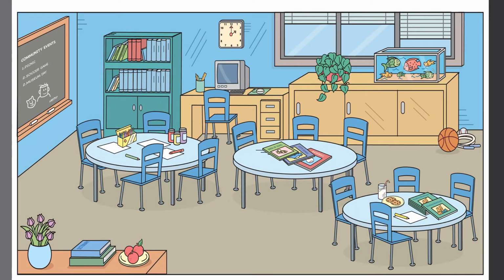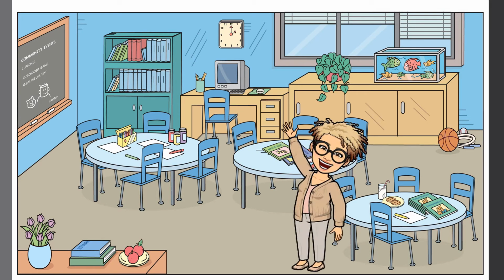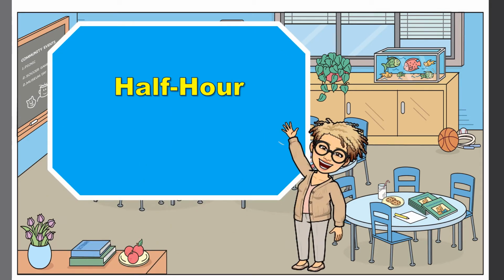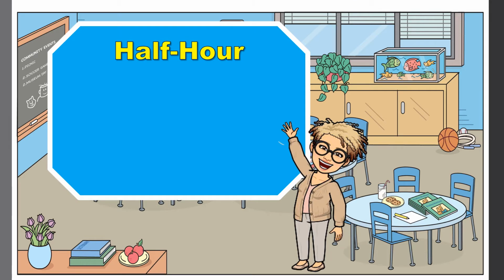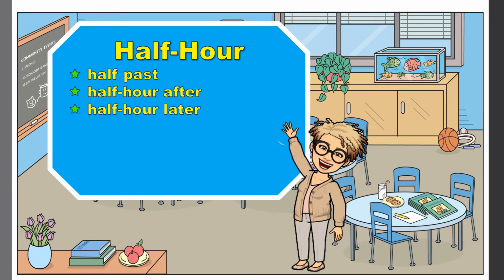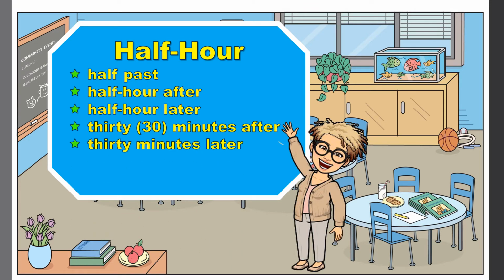Before we move forward with our lesson, there are some terms that I'd like for you to consider and lock into your memory bank. Here they are. Half hour means the same as half past, half hour after, half hour later, 30 minutes after, 30 minutes later, and even 30.